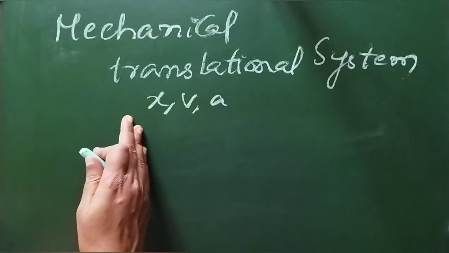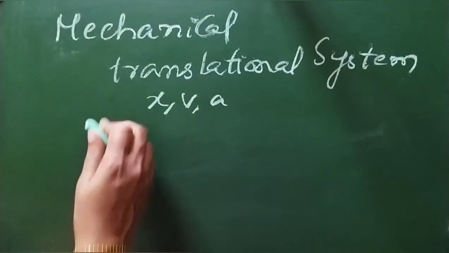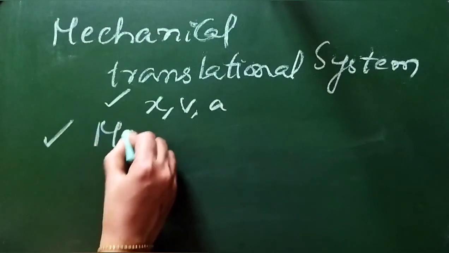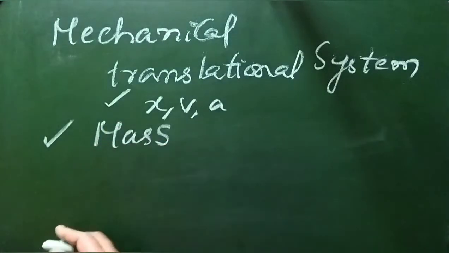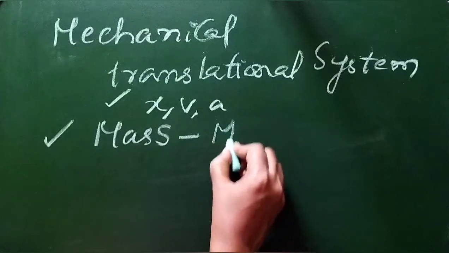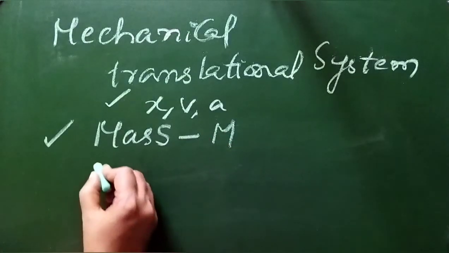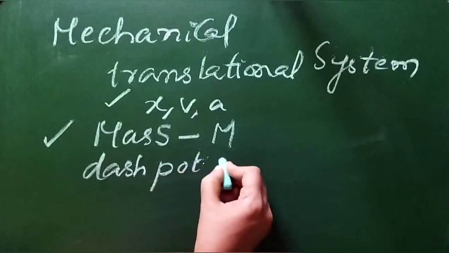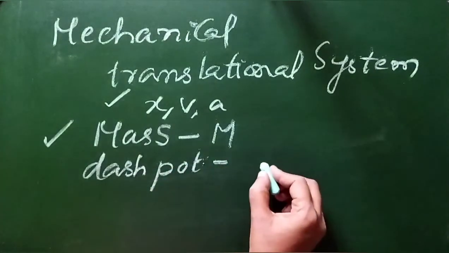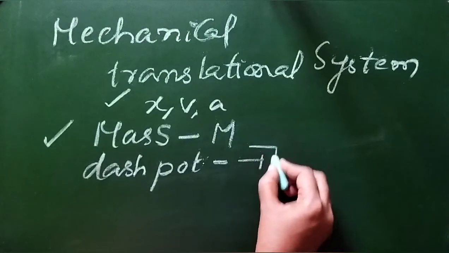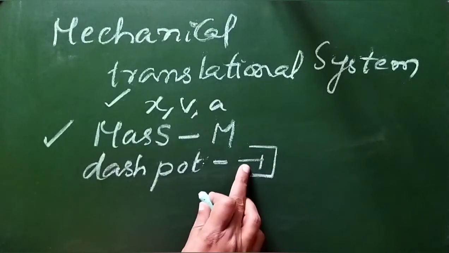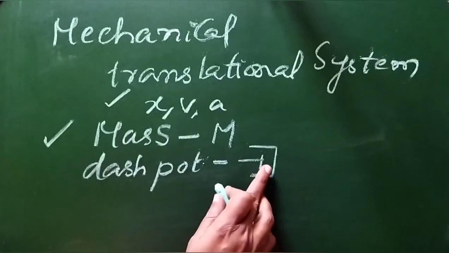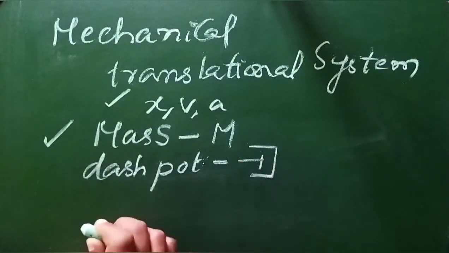Then we have characterizing elements. Those are mass represented by m. Then we have dashpot, represented by a piston in a cylinder, a moving piston in a cylinder where you have the viscous fluid here.